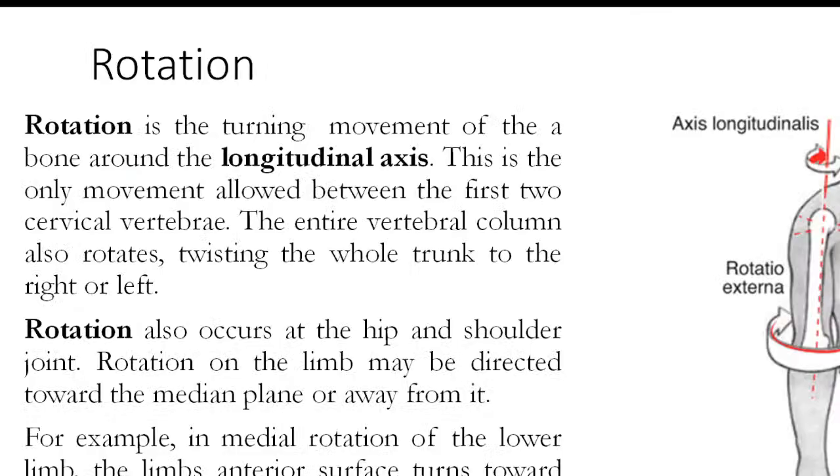Rotation is the turning movement of a bone around its longitudinal axis. This is the only movement allowed between the first two cervical vertebrae.